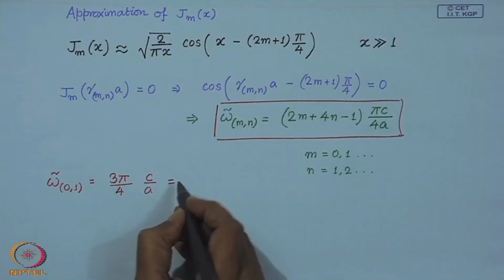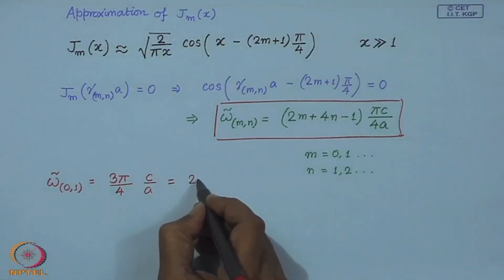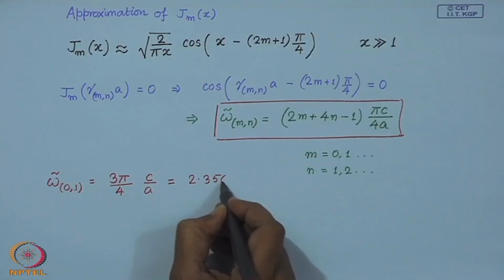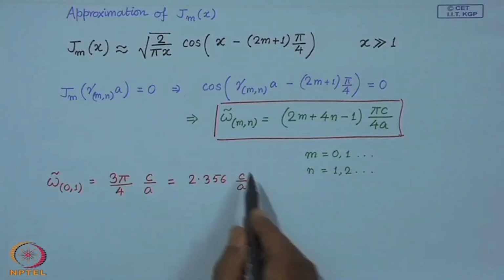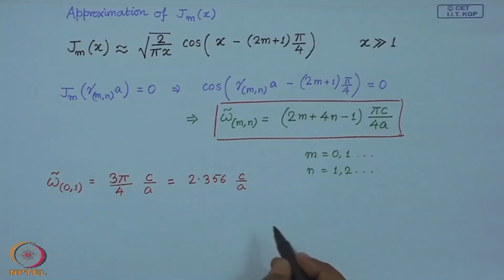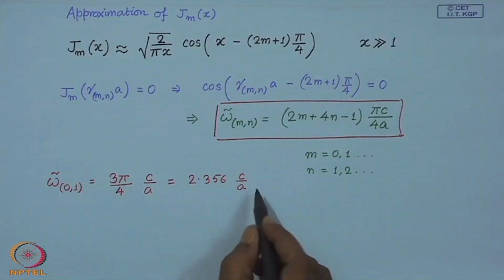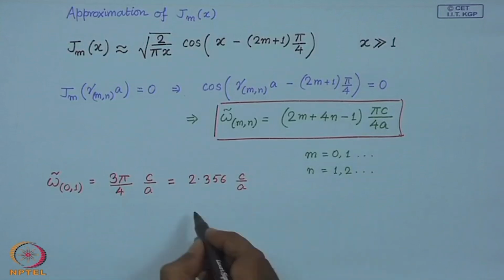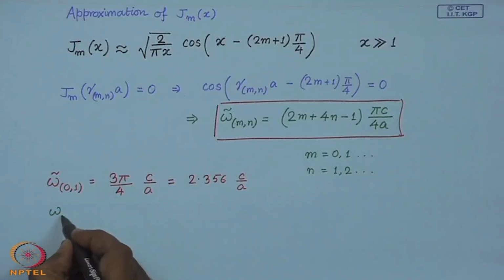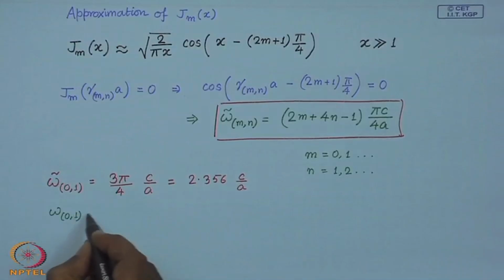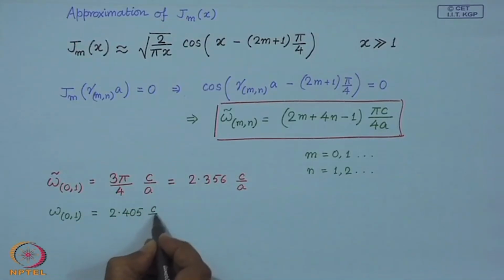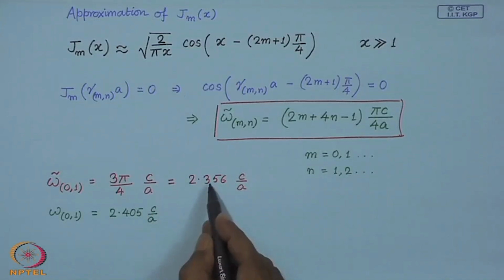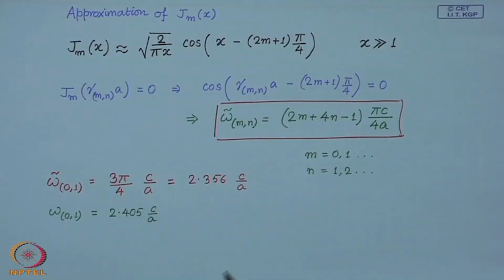and this turns out to be, now the exact value. Exact means the solution we obtain by solving for the roots of the Bessel function. This turns out to be 2.405 c over a. So, you can see they are quite close.